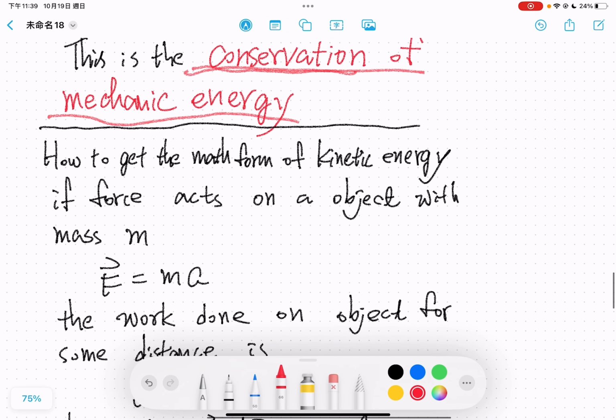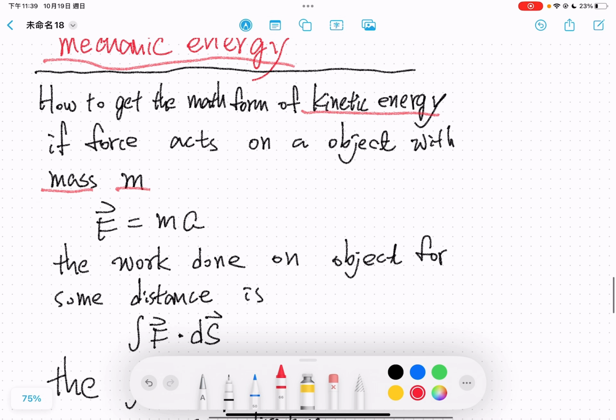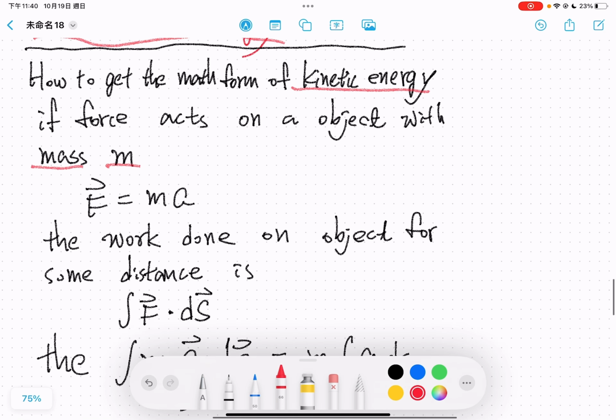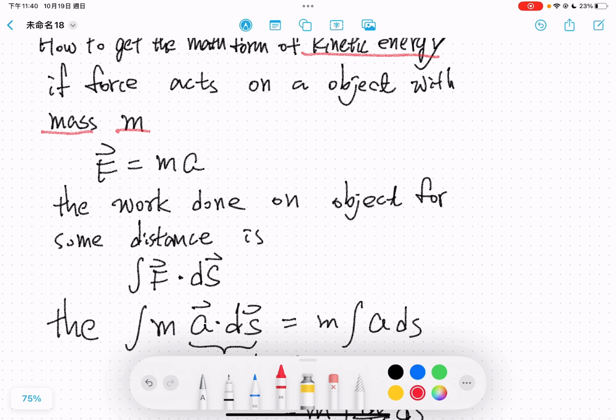So how do we get the mathematical form of the kinetic energy? If a force acts on an object with mass m, we can start from Newton's law: F equals m multiplied with a. Sorry, we must add the vector arrow in here.